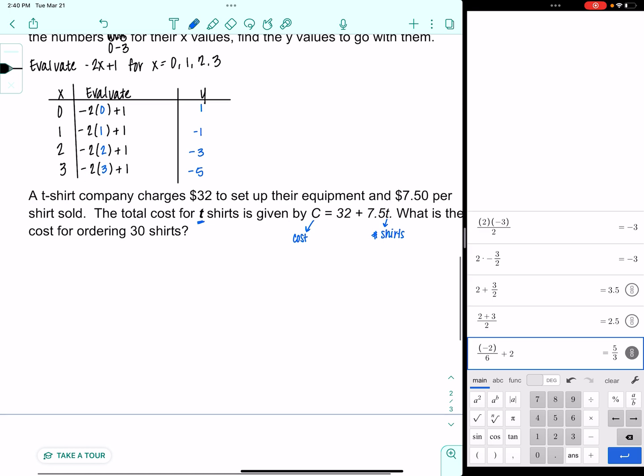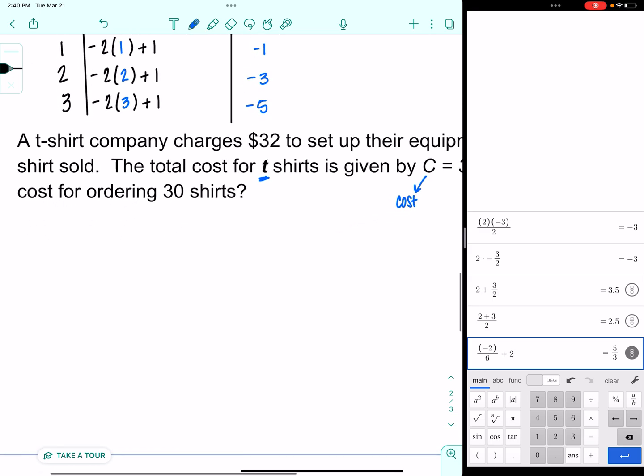What is the cost? So that says, what is C when T is 30 shirts?